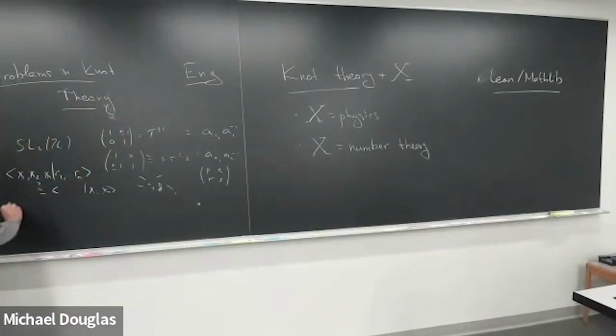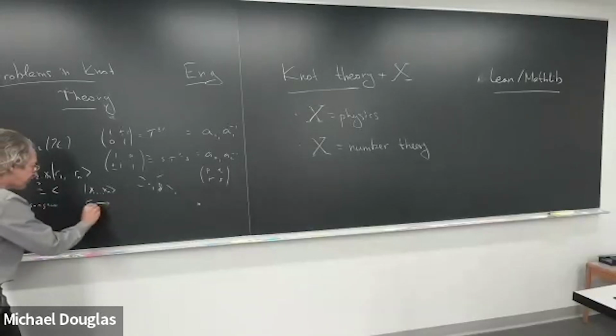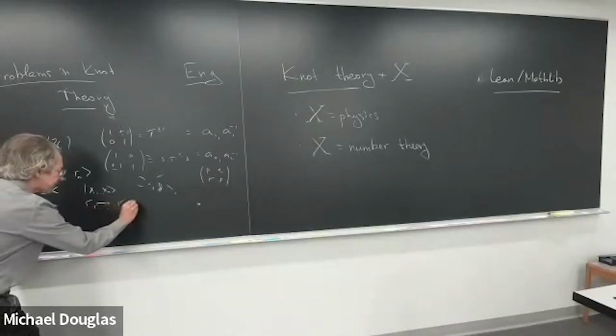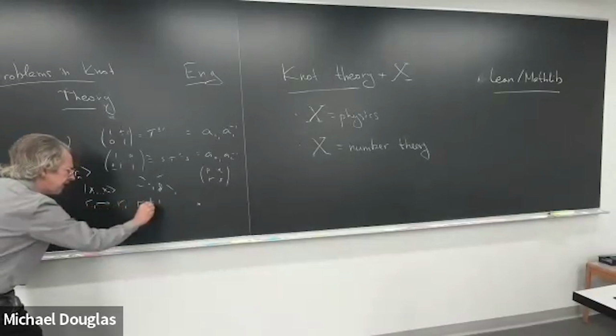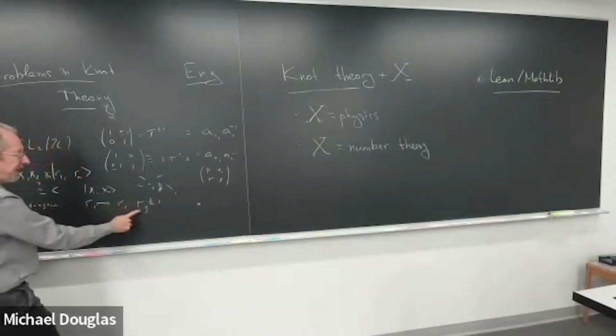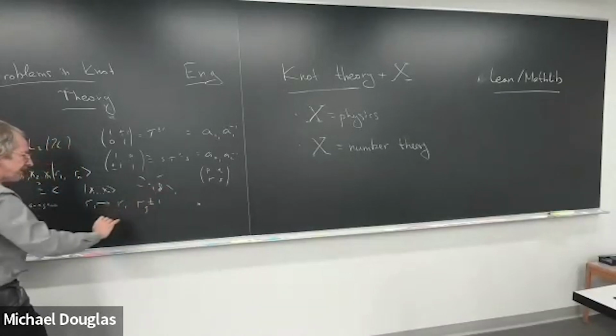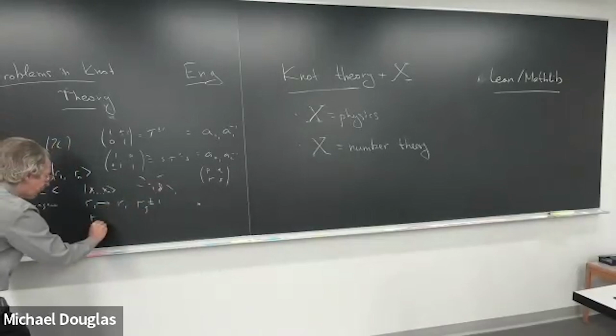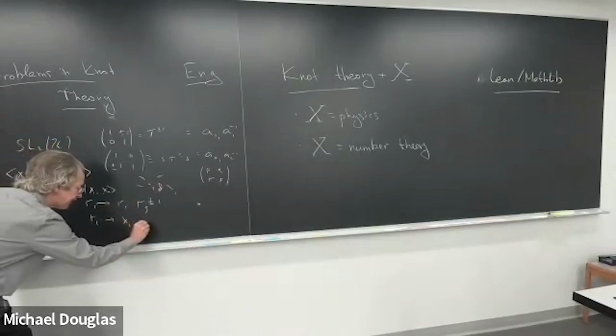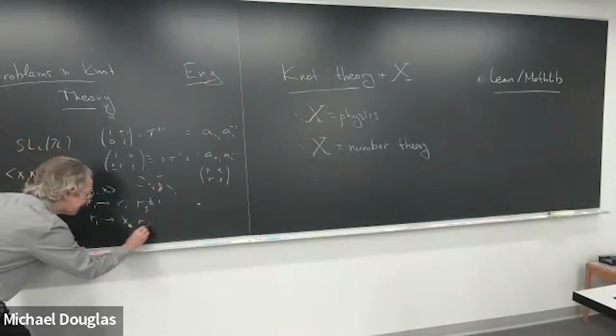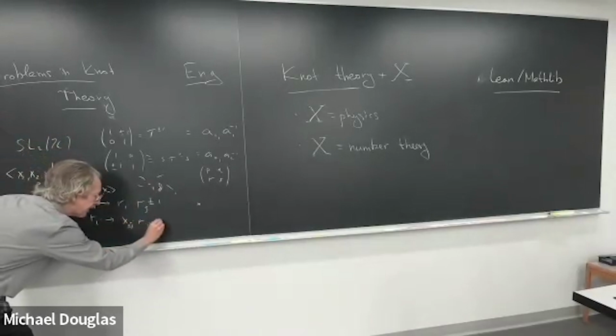But then the question is whether there's a really small set of moves. You can either multiply one relation by another relation on one side, say the right, or you can conjugate one relation by a generator.